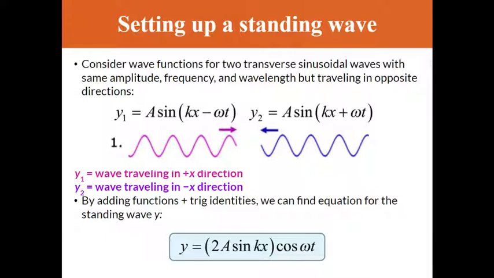When they overlap, we can use the superposition principle to combine their wave functions into one, and we end up with this wave function at the bottom that now has two different trigonometric functions, one for the kx term and one for the omega t.